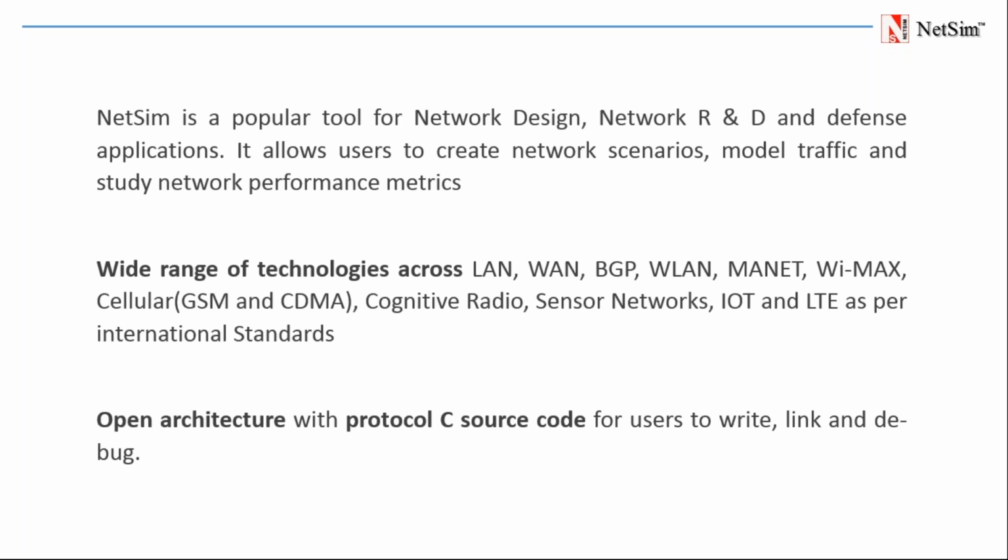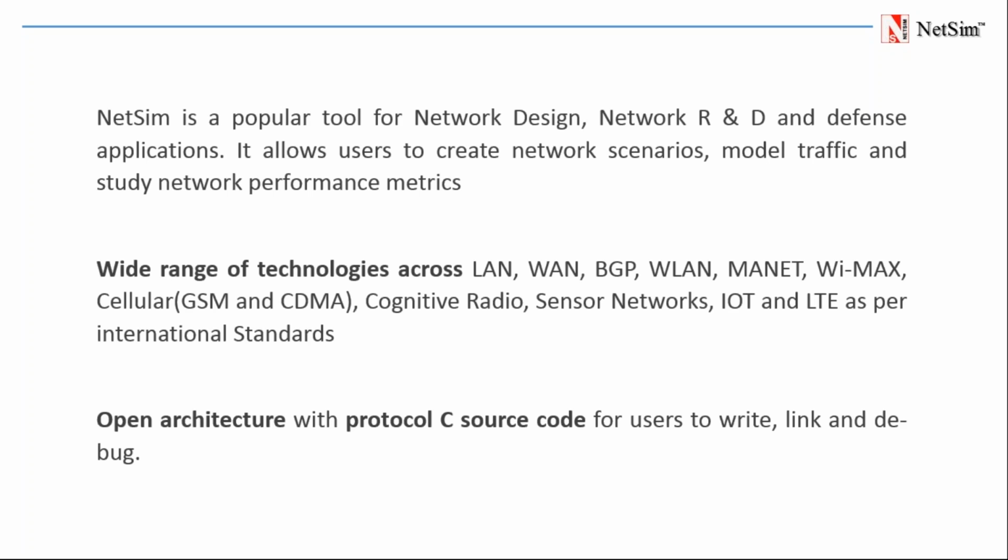So this software comes in 2 versions. One is the academic version and one is the standard version. In the academic version, you have the provision to design and analyze your network through the GUI, by configuring the network and changing the parameters.